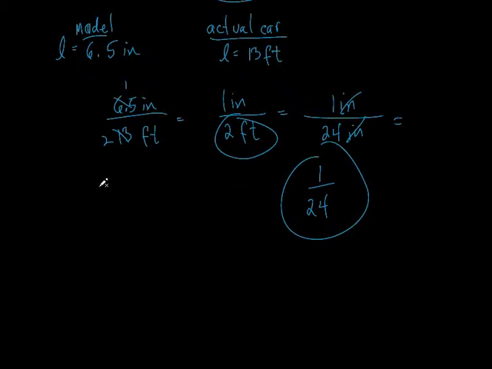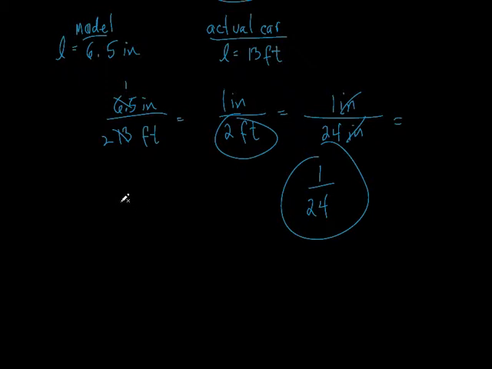I like to watch these shows where they build stuff, and sometimes they'll draw a model before they do the building. You ever see anything like that on TV? They'll make this tower, and it sits on a table, and they say this is what it's going to look like, but this is a scale drawing, a scale model, and they'll say this is a 1 to something scale model.